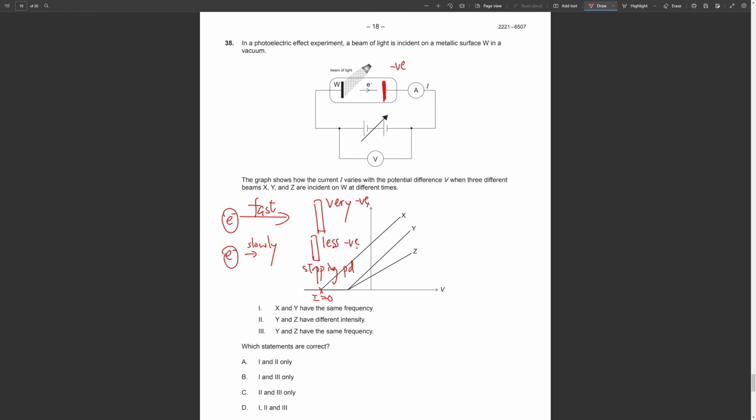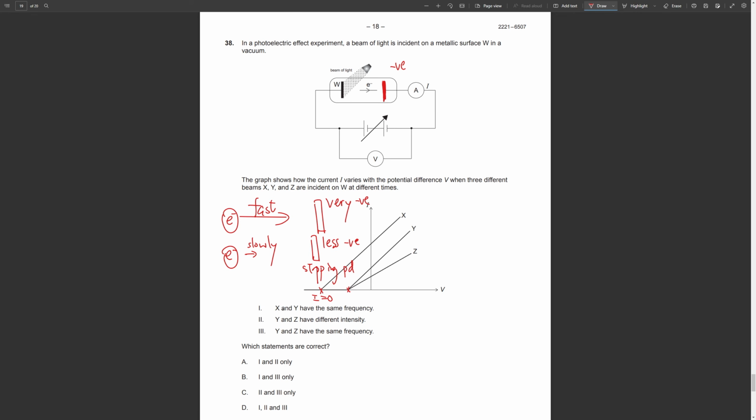Still, it could be able to repel any incoming electron. By having this idea in your mind, you can check X's stopping potential is more negative than Y and Z. So the speed of electron for X is faster than the speed of electron in Y and Z.